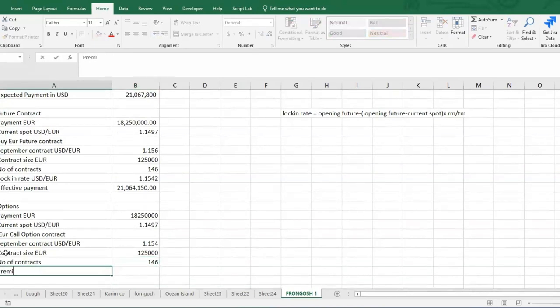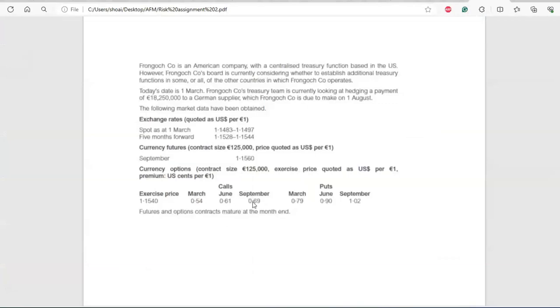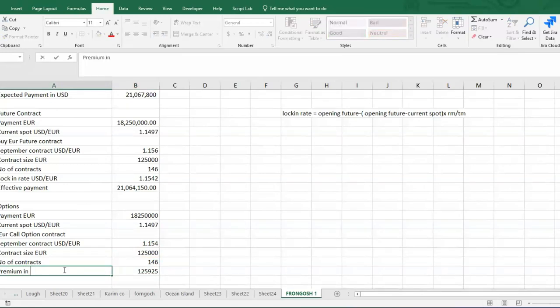Now, premium. So premium is September 0.69 cents over euro. So it would be 0.0069 dollar over euros into number of contracts into contract size. So premium would be directly in dollars.